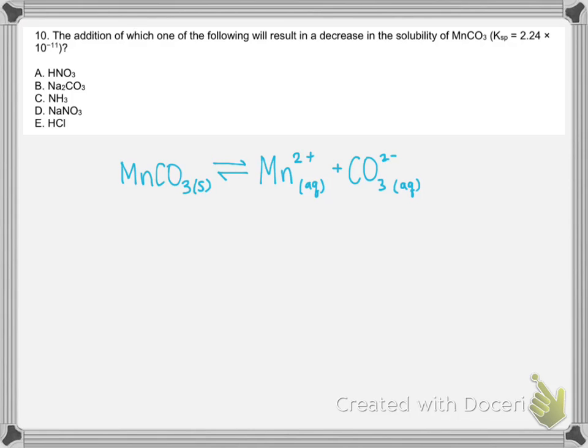Okay, and number 10, they're asking which will result in a decrease in the solubility of manganese carbonate. A decrease in solubility is going to correspond to a shift left in the reaction. We're going to go more towards solid and less toward the ions.